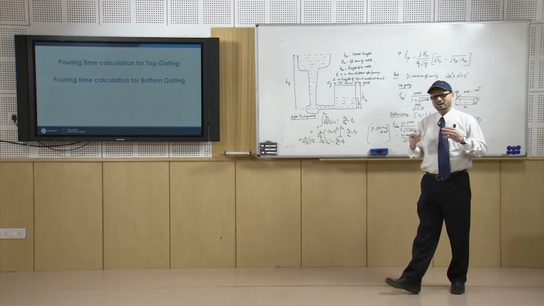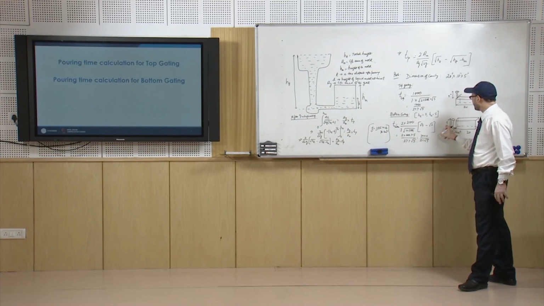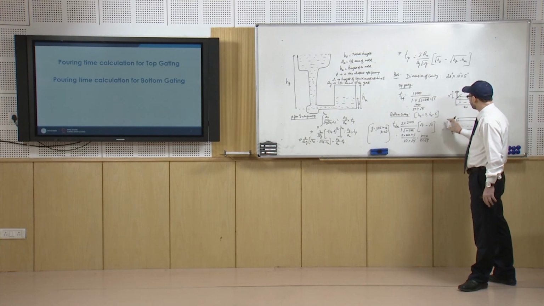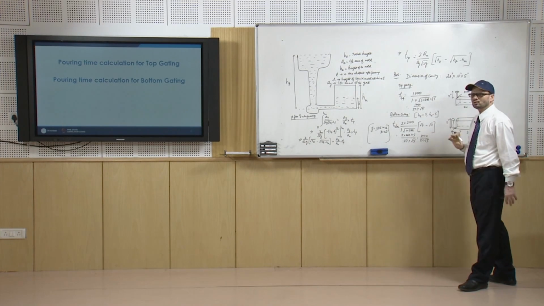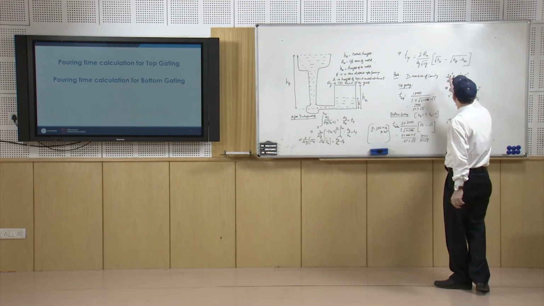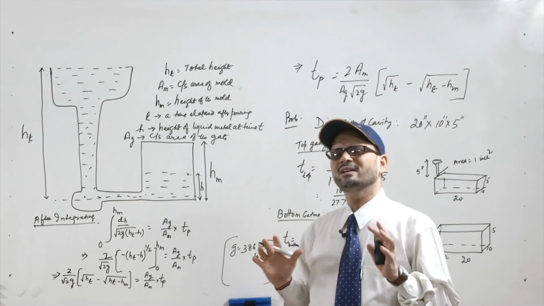Now in this case what we see is, the total height as well as the height of the mold or the cavity is the same. That is why this term has vanished here, but that will not always be the case.